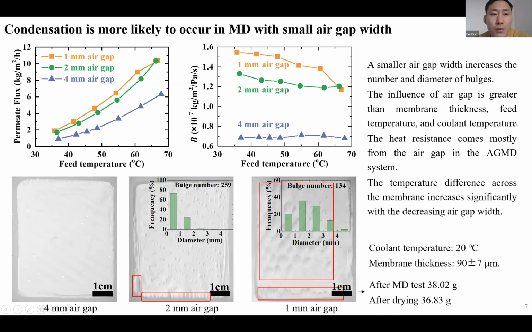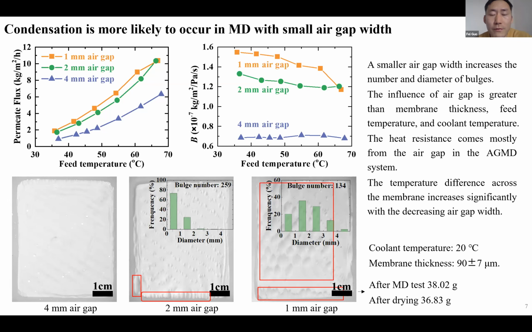Condensation is more likely to occur in MD with a small air gap width. The air gap has a very significant effect on the mass transfer and heat transfer in MD, in AGMD.